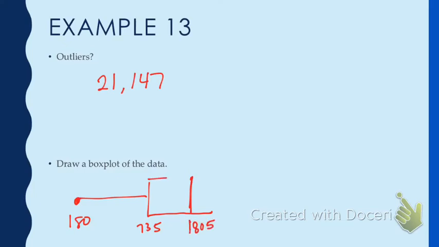And then what's my Q3? 4,668. And then I've got an outlier at 21,147. 180 is not considered an outlier because it's a part of the whisker.